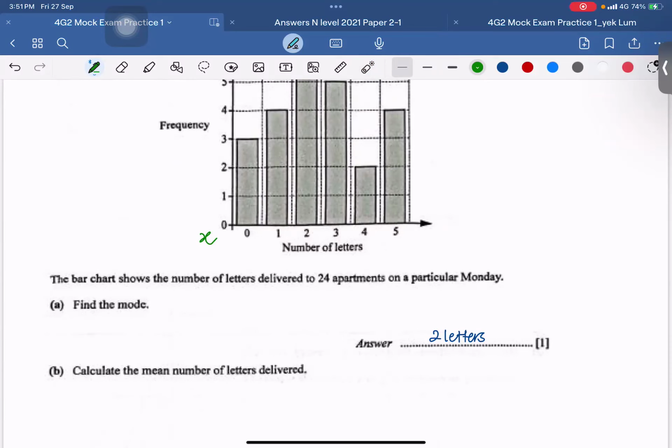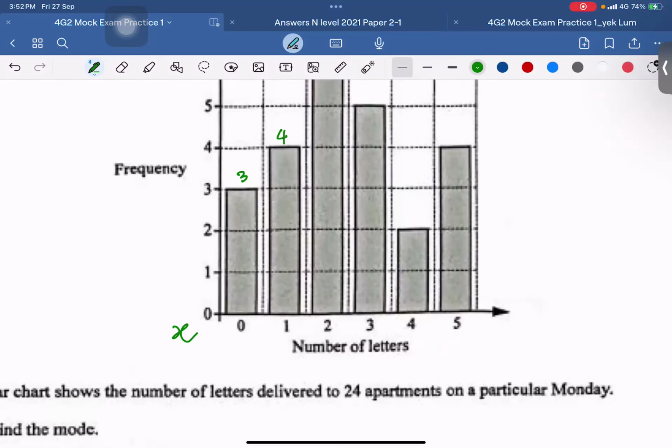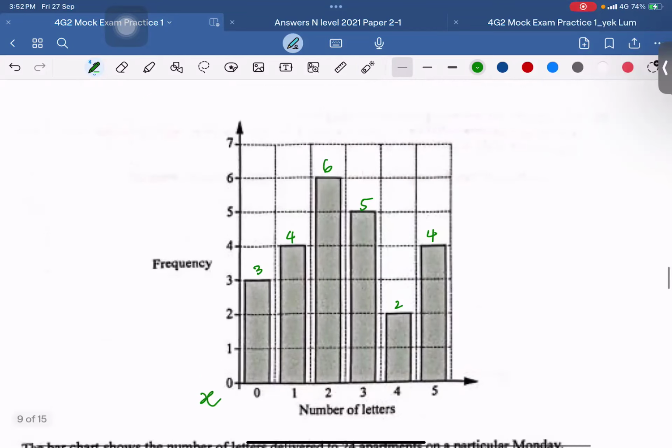The frequencies over here are 3, 4, 6, 5, 2, and 4. So I must first find fx. I take 0 times 3 is 0.